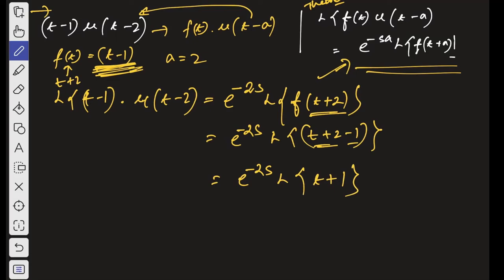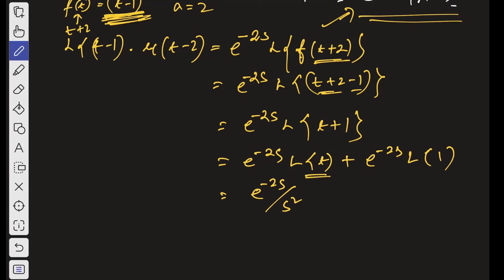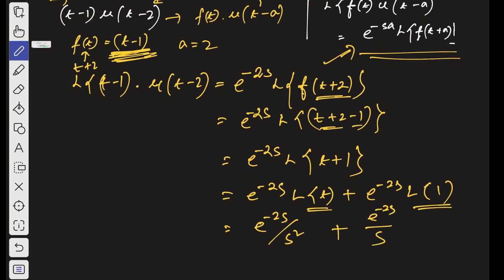Then we will get e to the power minus 2s Laplace transformation of t, plus e to the power minus 2s Laplace transformation of 1. Laplace transformation of t is 1 by s square, so we get e to the power minus 2s by s square, and Laplace transformation of 1 is 1 by s, so here e to the power minus 2s by s. That's what we will get.